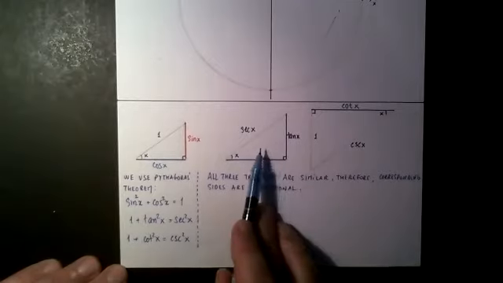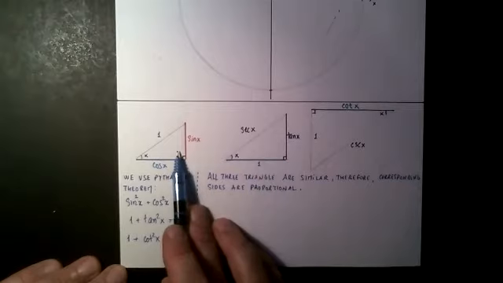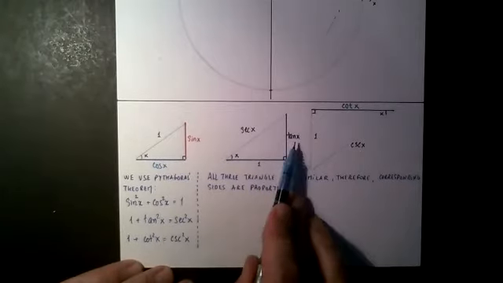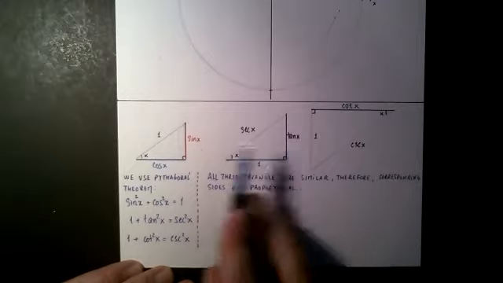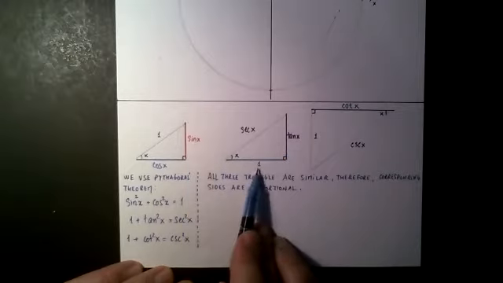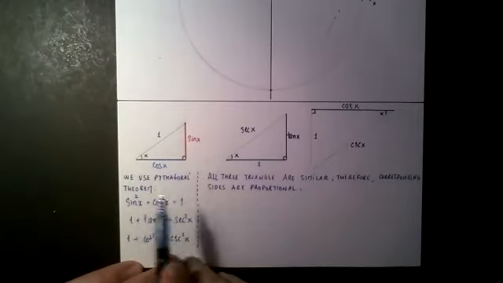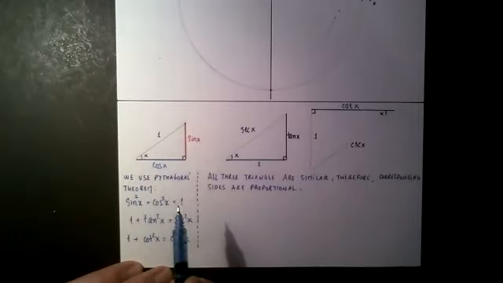Okay, so let's compare the second triangle with the first one, and see what we can conclude from that. The tangent side corresponds to the sine side here, the 1 corresponds to the cos, and the secant corresponds to the 1. So if I do the divisions, the ratios are maintained. That's what it means to be proportional.